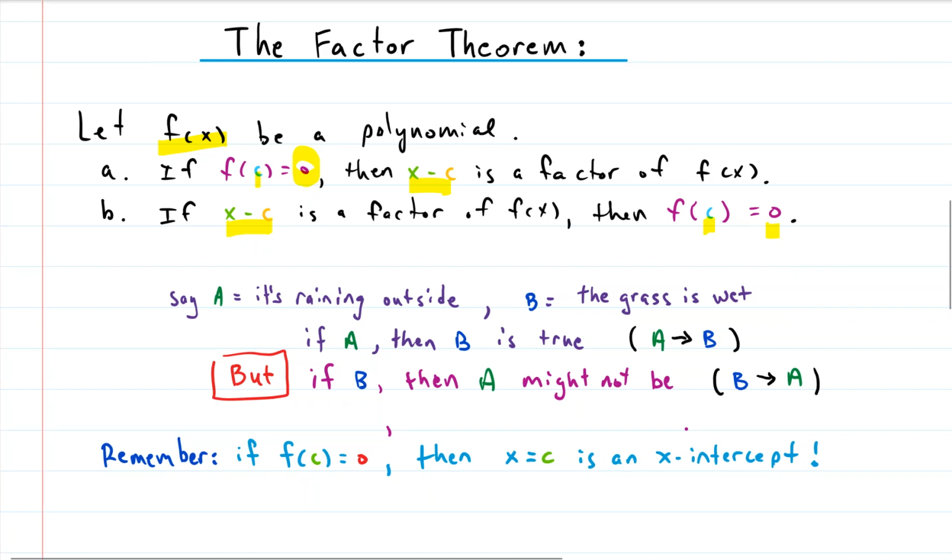Let's say you have an event, and we call that event A. Say A is the event that it's raining outside, and B is the event that the grass is wet in our yard. If we have two if-then statements, the first one is if A, then B. Well, if it's raining outside, then we're guaranteed that our grass is going to be wet, right?